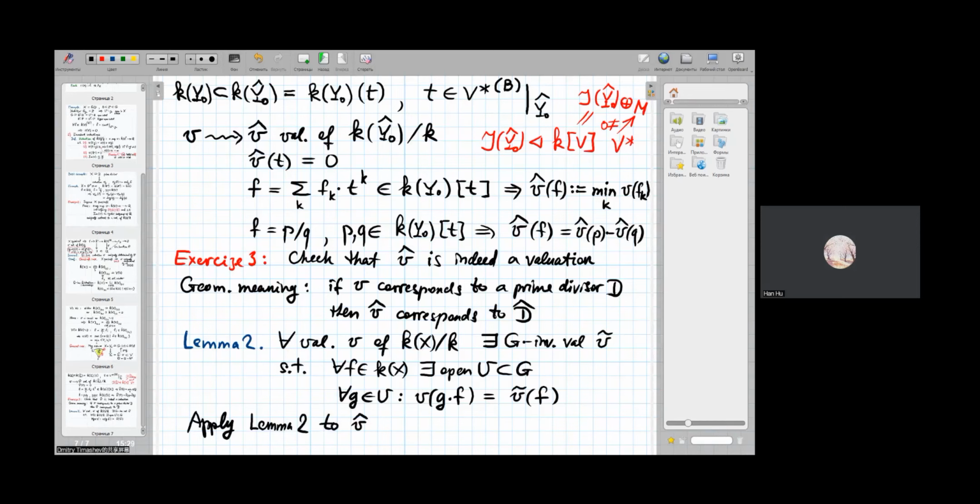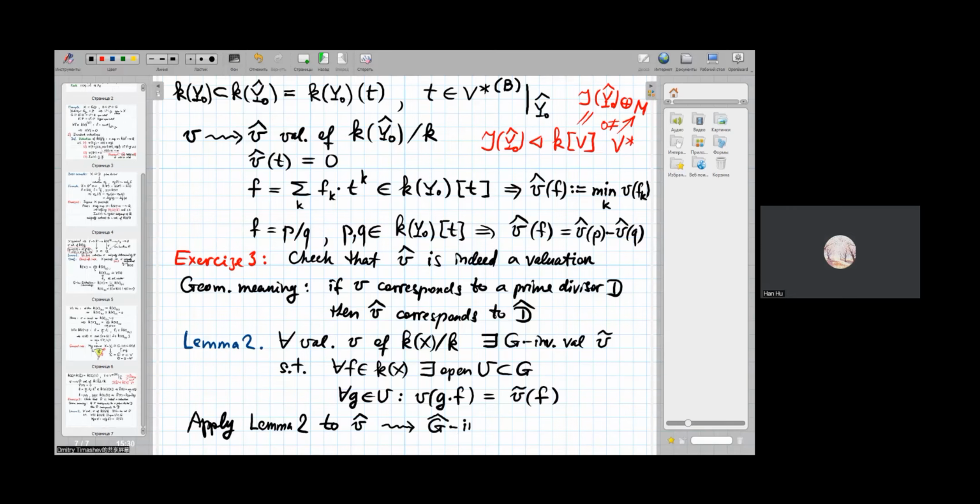Because we started from a G invariant valuation V, and we lifted it to a bigger field. We lifted it to a valuation V hat of a bigger field. But this valuation V hat need not be invariant. We replace it by a G hat invariant valuation, because we apply it to the action of G hat on U naught hat.